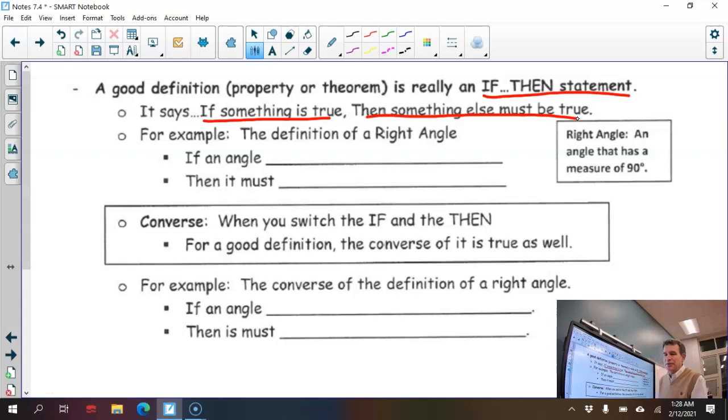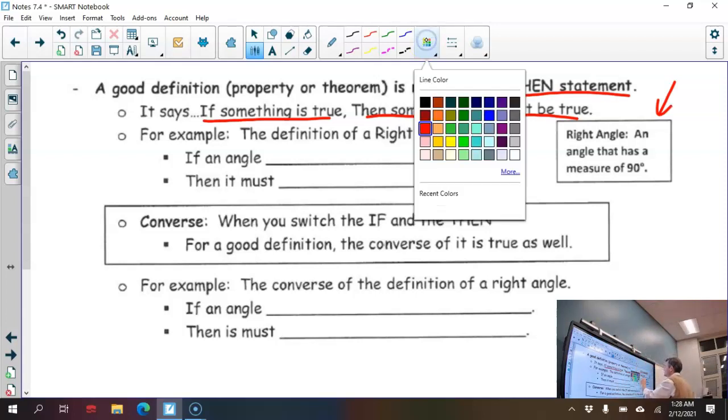I have an example here that we're all familiar with, and that is the definition of a right angle. It's an angle that has a measure of 90 degrees. But as a right angle has a good definition, you can write it as an if-then statement if you chose to. And it would look something like this.